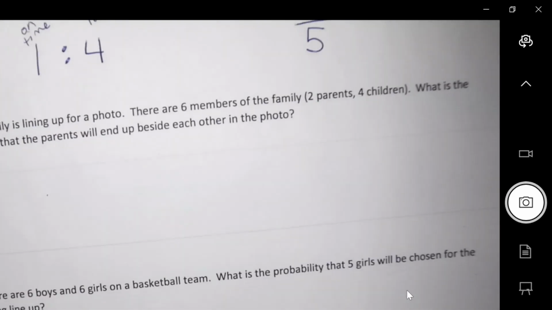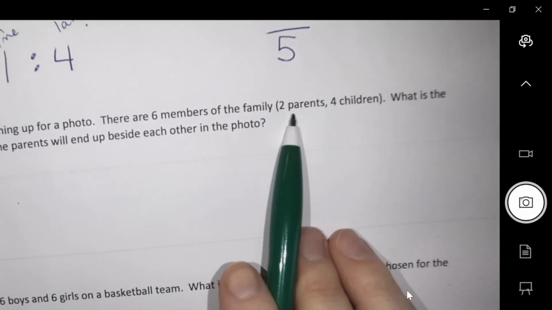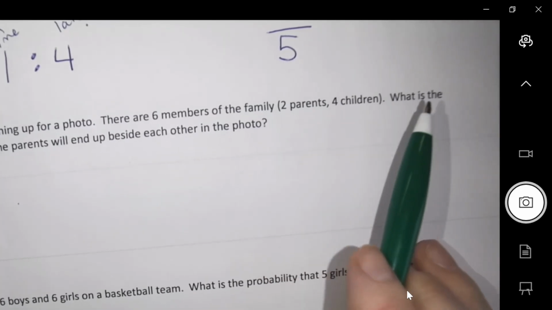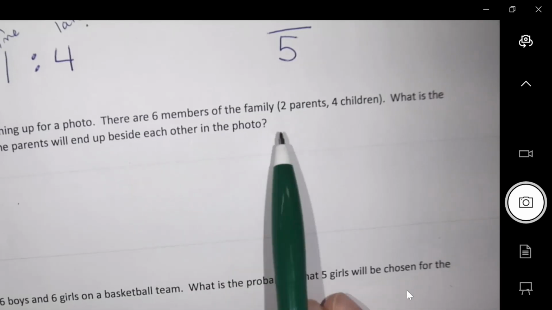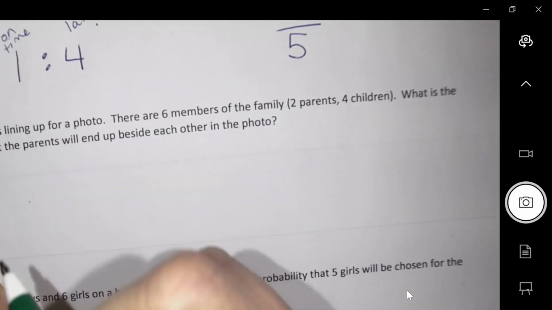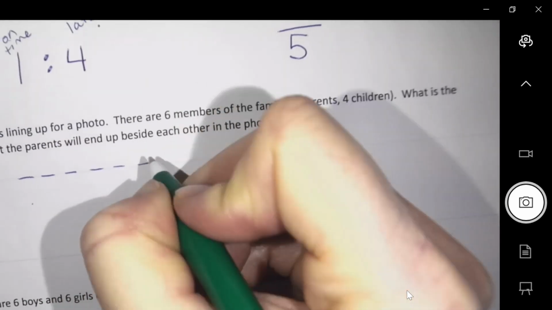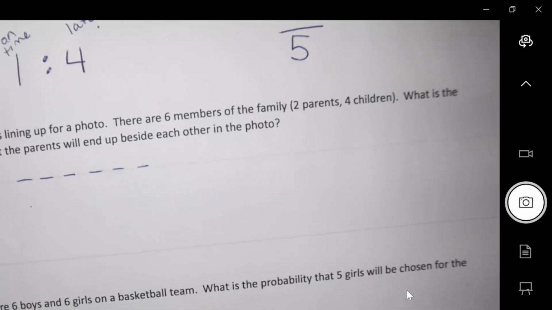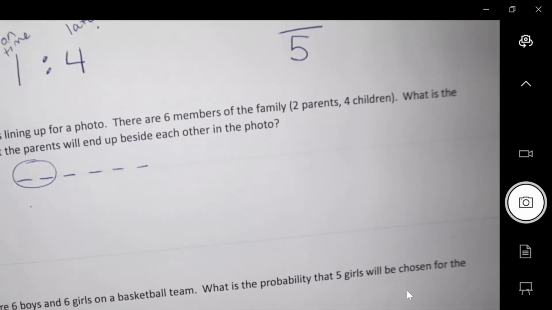There is a family lining up for a photo. We have 6 members, which is 2 parents, 4 children. What is the probability that the parents will end up beside each other? So if I put the 6 people and I want to end up with the parents beside each other, what was the strategy?